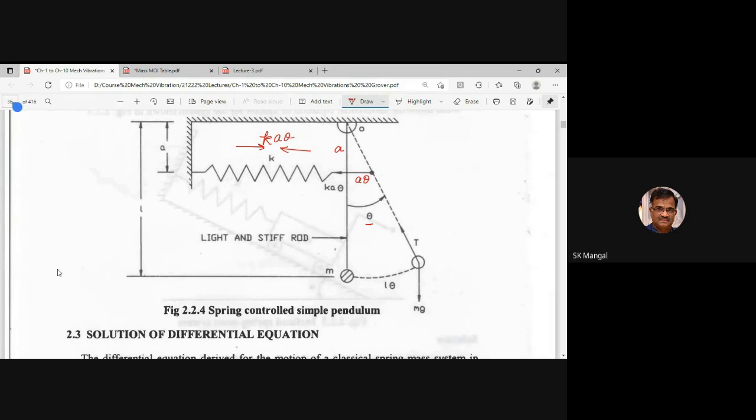So I will basically consider this one for this point. This is your spring force for the theta rotation. Again, you are having a light and stiff rod here. So again, you will be having the accelerating torque given by m L square, this is the I about O, into theta double dot. All right. This is your accelerating torque.